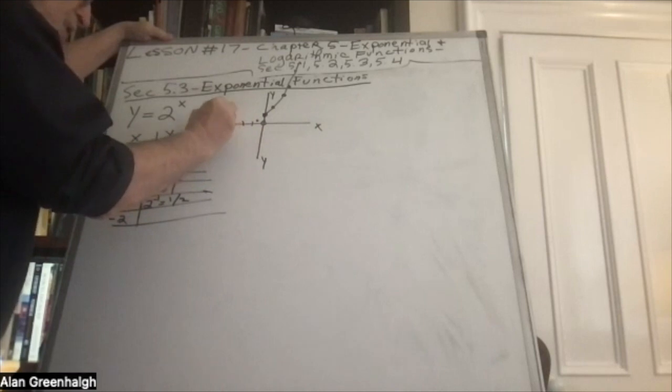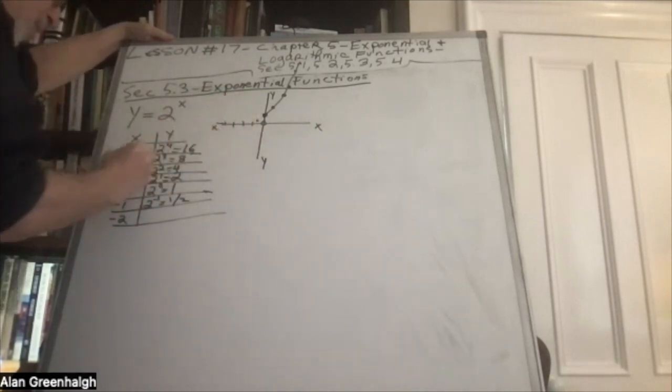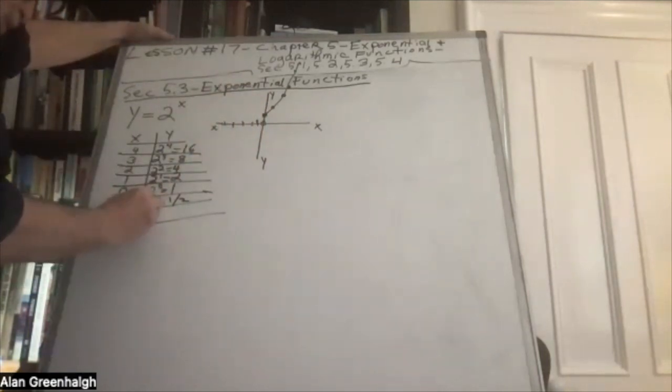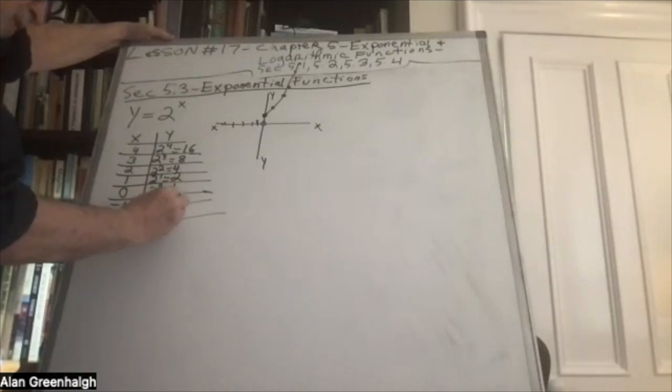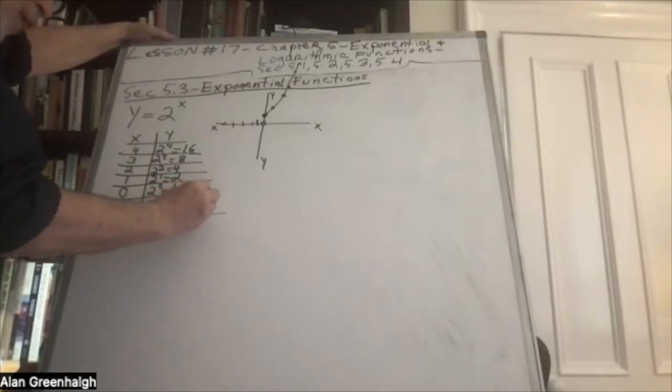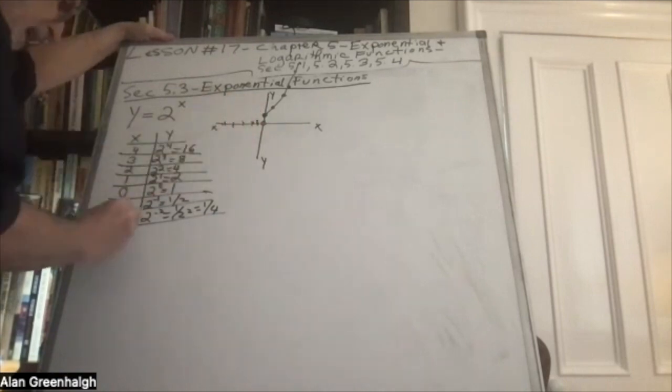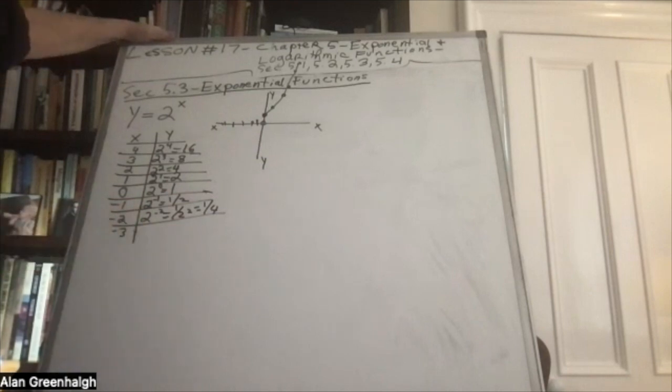This is 2, this is 3, let's say. So when x is -1, let's make it -1 over there. And -2 is going to be equal to 1/2 squared, which is 1/4, which is going to be really, really small.